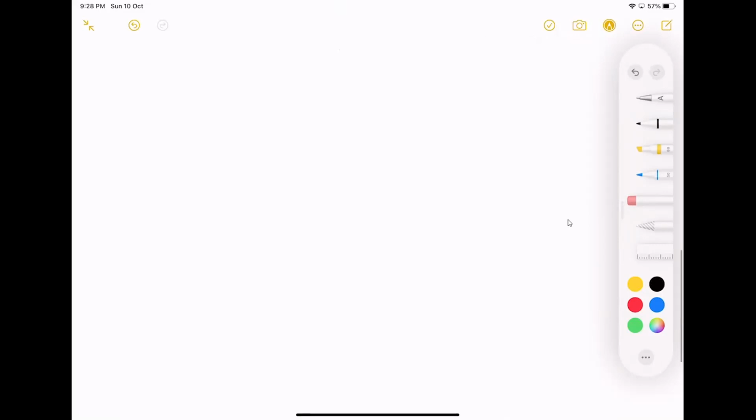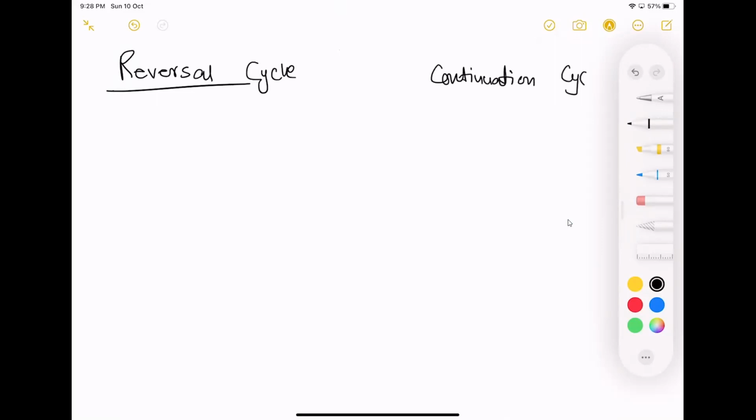We know that we have the reversal cycle, and then we have the continuation cycle. So going through the advanced teachings for algorithmic trading, we know that this one here falls under the 50% to 75% of a what?